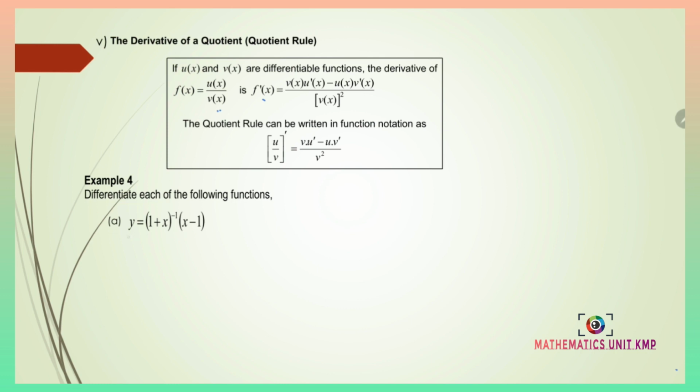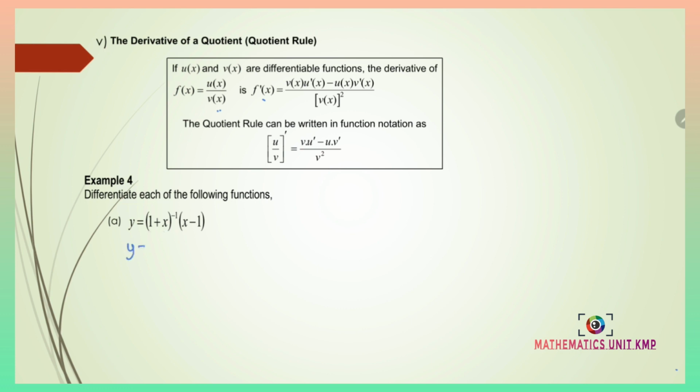The first question is y equal (1 plus x) power negative 1 times (x minus 1). Here, for this question, we can solve by using the product rule. But now, I want to use the quotient rule. First, we have to change this question into a fraction.